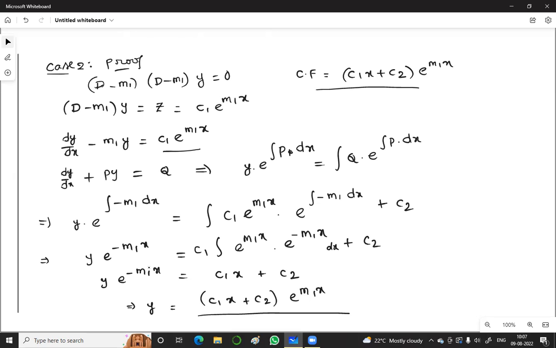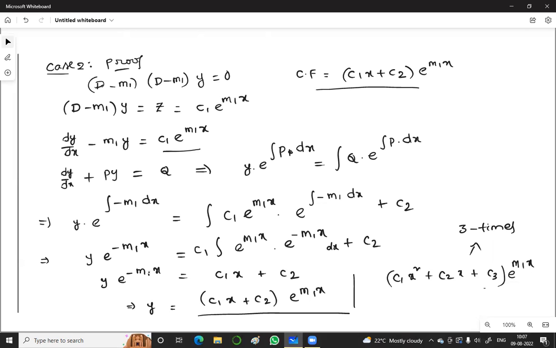If three roots are repeated, what is the complementary function? C1x square plus C2x plus C3 into e to the power m1x. If it is four times, simply it will increase: C1x cube plus C2x square plus C3x plus C4.